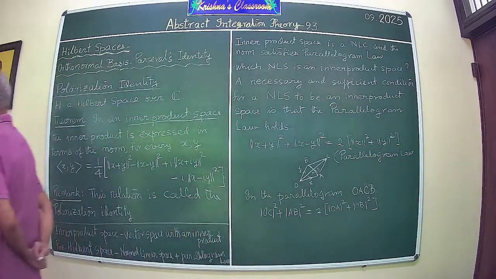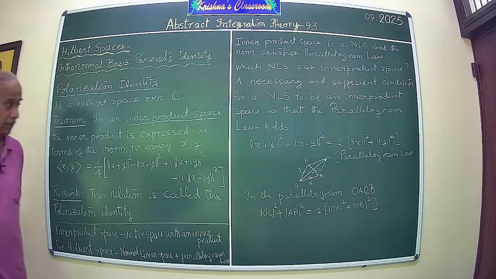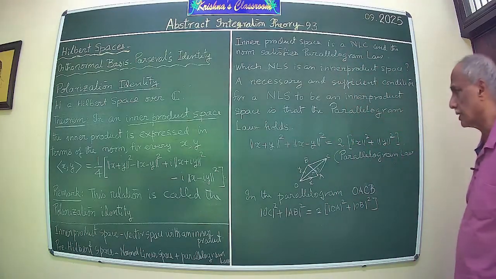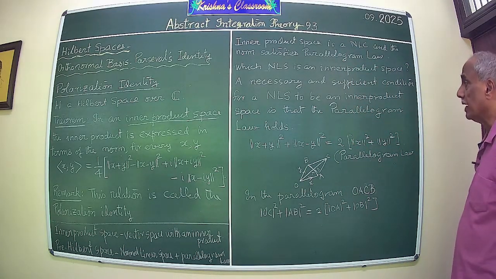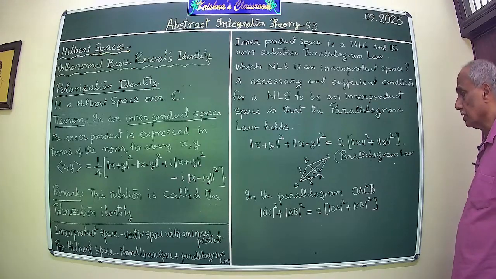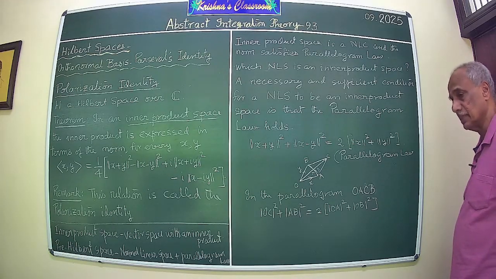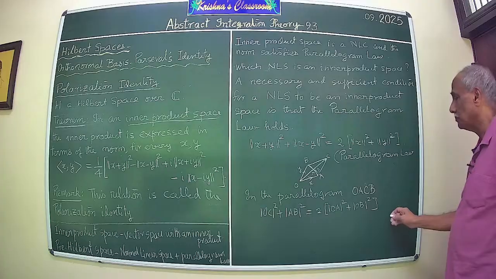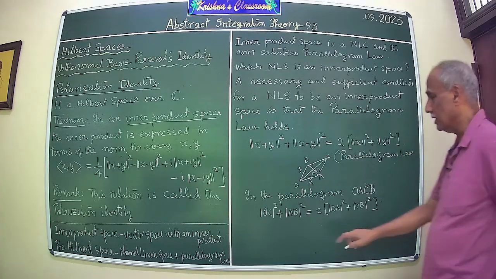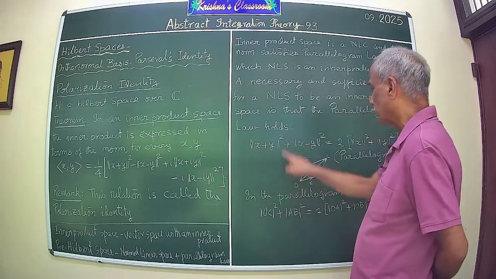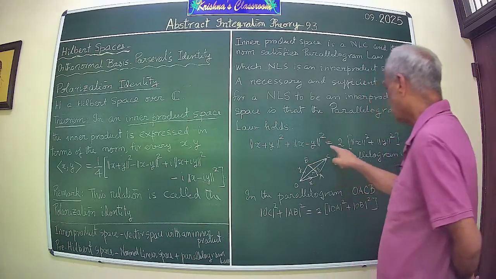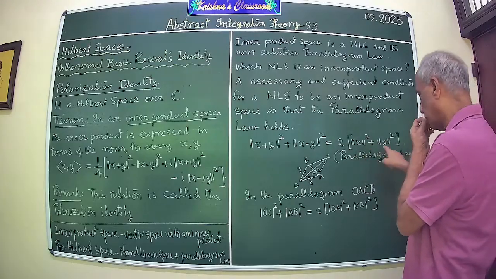which we are familiar with from classical geometry. This is clear. And this classical geometric structure is there in a normed linear space where the length of a vector is designated by the norm. You compare this with this: OC square is norm of x plus y whole square, AB square is norm of x minus y whole square, and that's equal to twice norm x square plus norm y square.